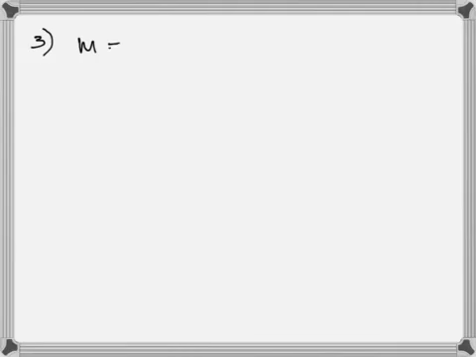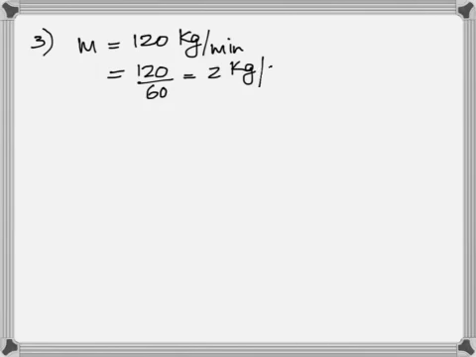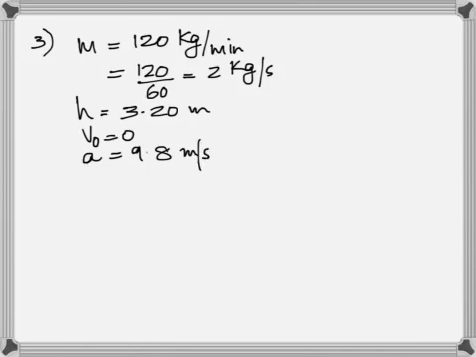In question 3, the mass of water is 120 kilograms per minute. So that will be 120 divided by 60 kilograms per second. So that's 2 kilograms per second. The height from which it falls is 3.20 meters. The initial velocity is 0. Acceleration is 9.8 meters per second squared.